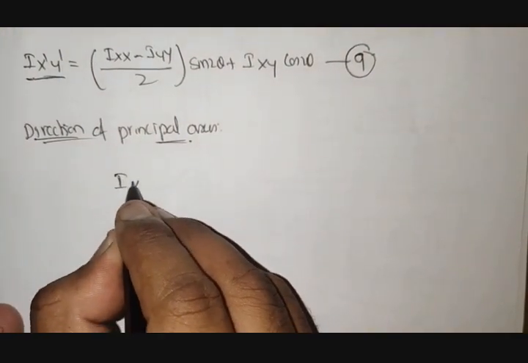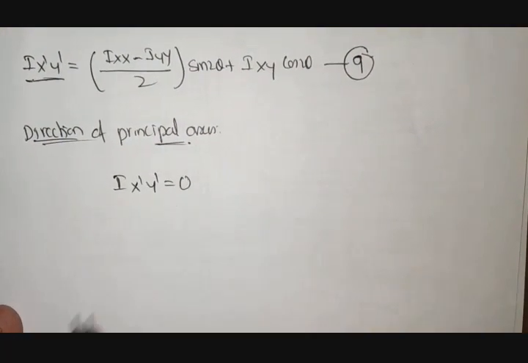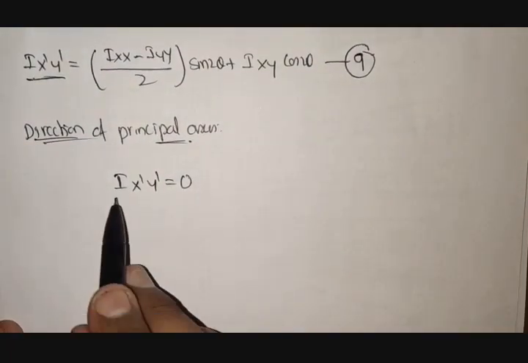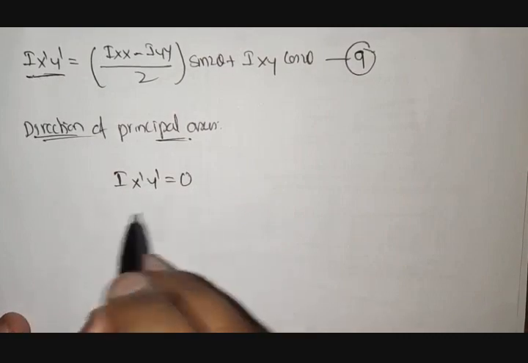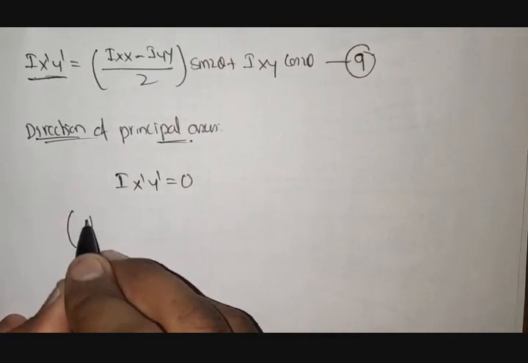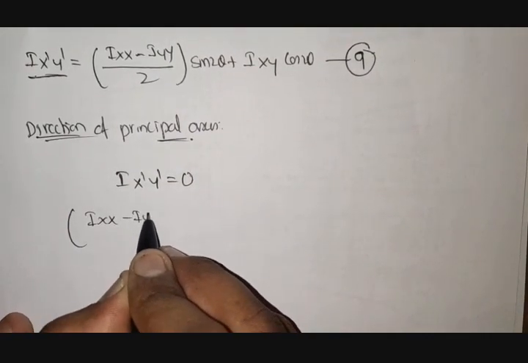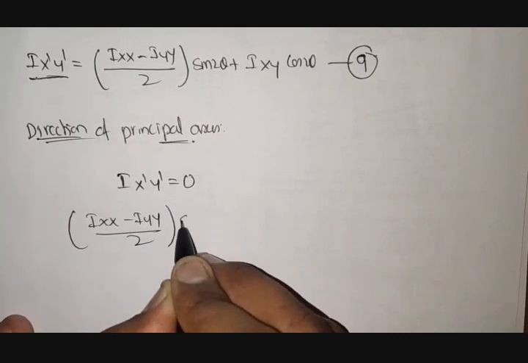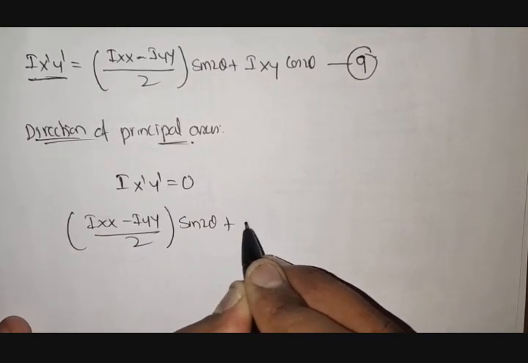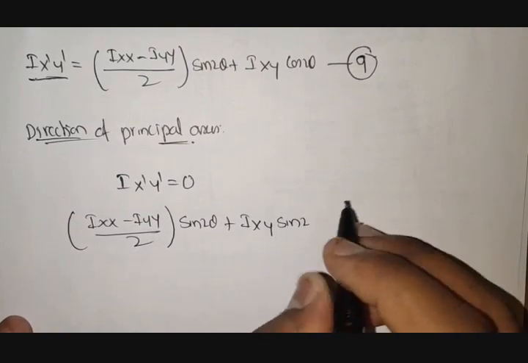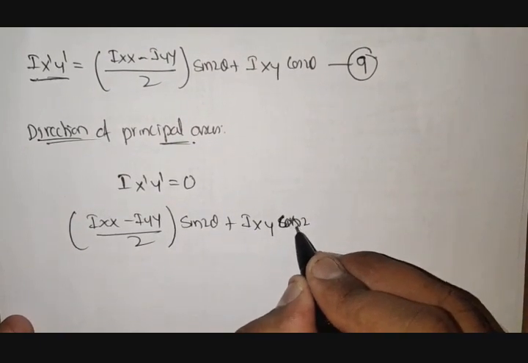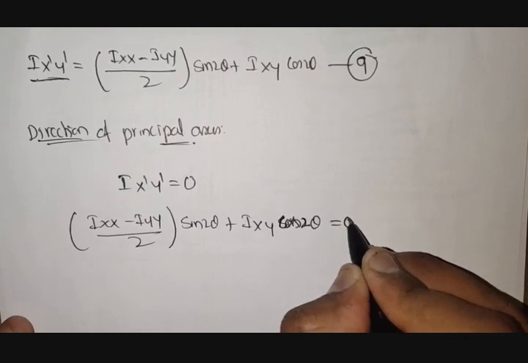If the value of Ix'y' becomes 0, then it is known as the principal axis. So by substituting this value as 0, we get (Ixx minus Iyy) by 2 into sin 2 theta plus Ixy into cos 2 theta is equal to 0.